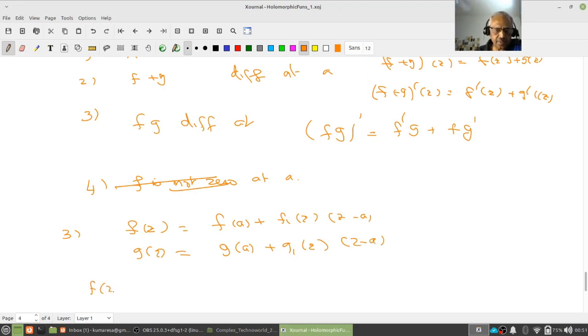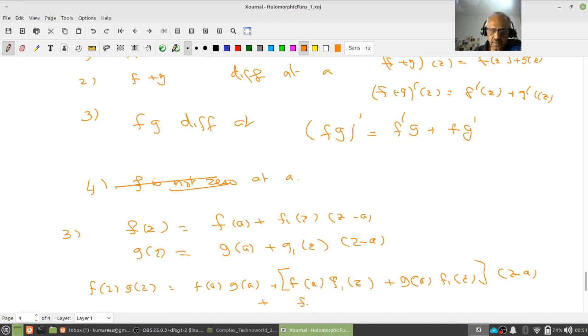Therefore, f of z into g of z is f of A into g of A plus f of A into g1 of z plus g of A into f1 of z, right? This is whole times z minus A, and the next one is f1 of z g1 of z into z minus A whole squared.